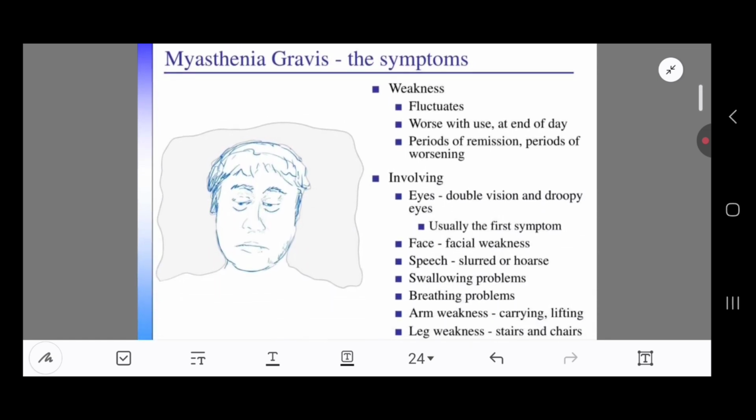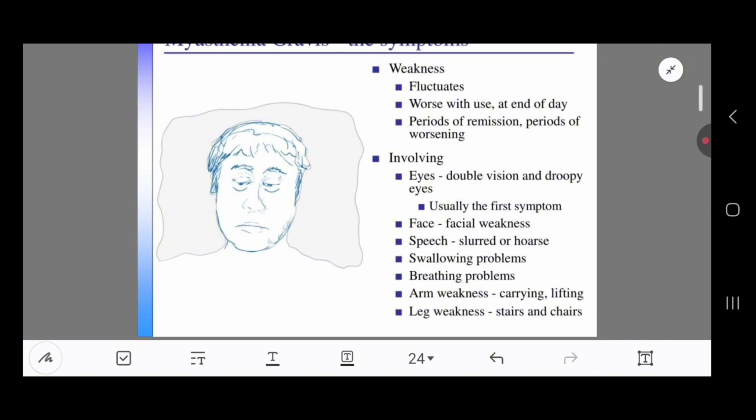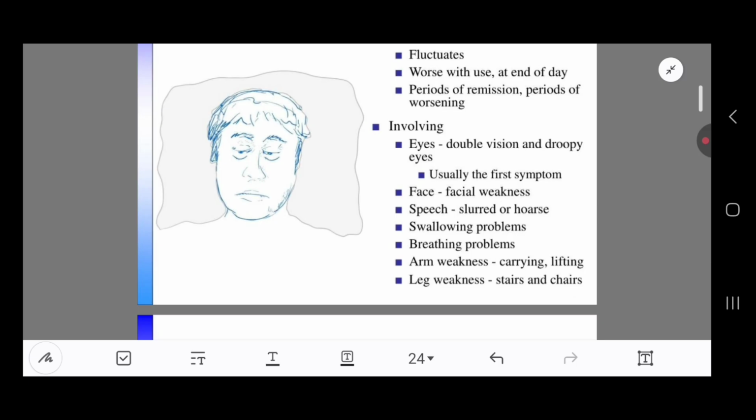The symptoms of myasthenia gravis include weakness, facial weakness, speech disorder, swallowing problems, breathing problems, arm weakness, and leg weakness.